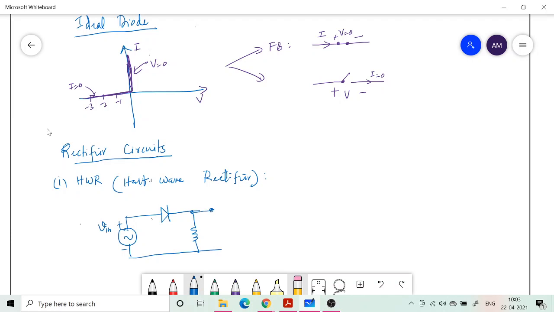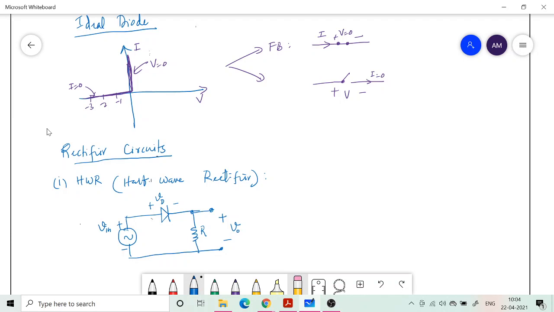Maybe it could be a bulb or some other load. We can just name it R. This is a diode, and we will assume that the voltage across the diode is VD, in order to distinguish it from the output voltage, which we will call V naught. So this is a simple circuit, one diode and one resistor, and you have a sine wave.